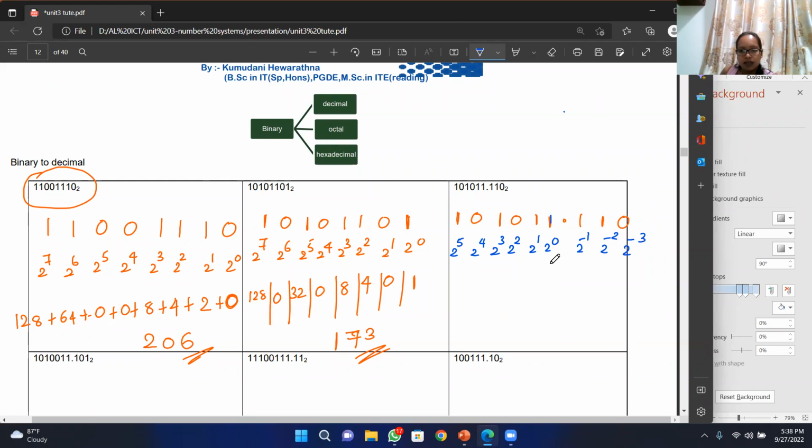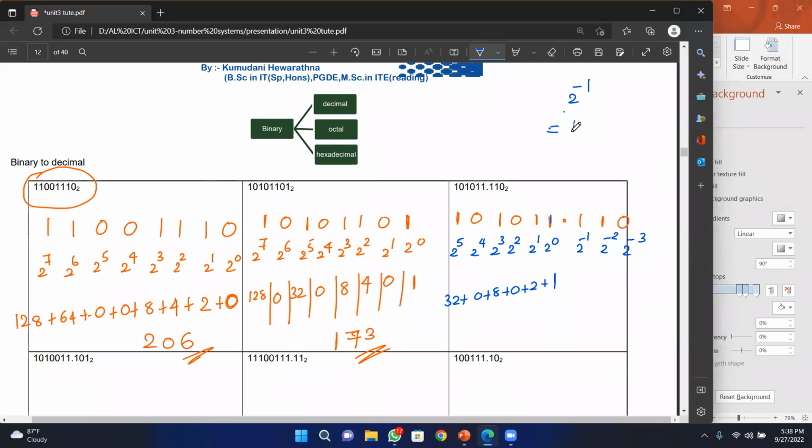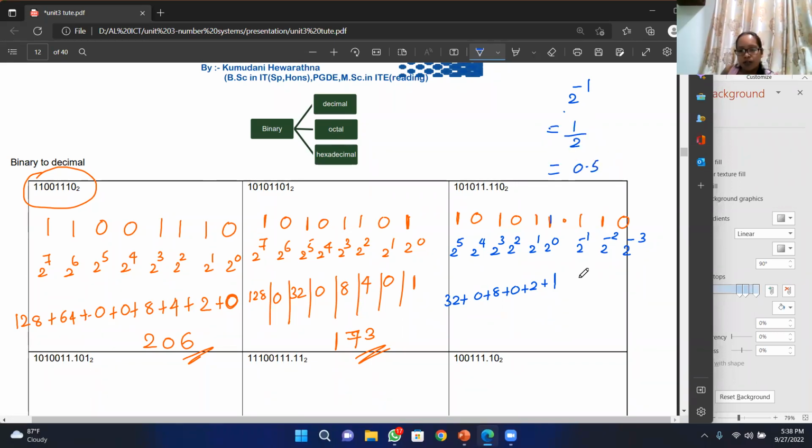Here that is 1 plus here 2 plus 0 plus 8 plus 0 plus 32. That is the whole number part. And 2 to the power minus is how much? I told you how to do this one last time. 1 over, yes? 0.5. Yeah, so 0.5.